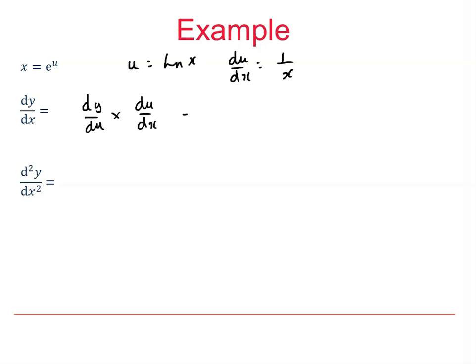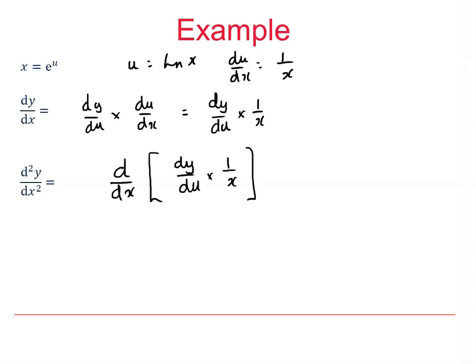dy by dx, using the chain rule, is going to be dy by du multiplied by du by dx. So that's going to be equal to dy by du multiplied by 1 over x. To get the second derivative, we're going to have to differentiate that again with respect to x. So it would be the derivative with respect to x of dy by du multiplied by 1 over x. And that's going to involve the product rule.